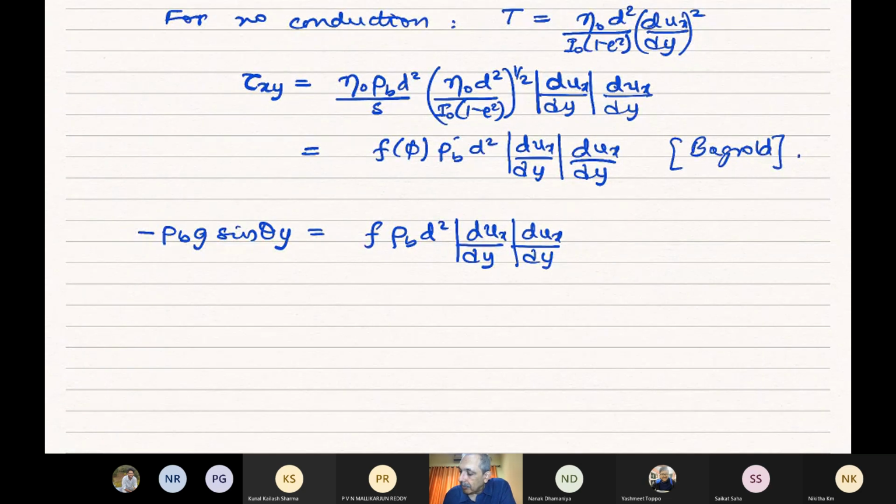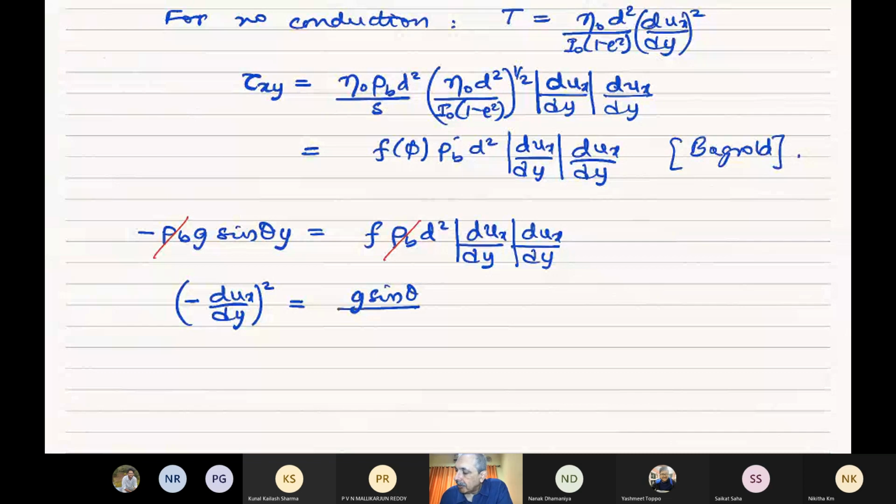Now of course rho b can cancel out. And then what we can write is minus dux by dy, which is a positive quantity, whole squared, is equal to g sine theta divided by f into d squared, times y.